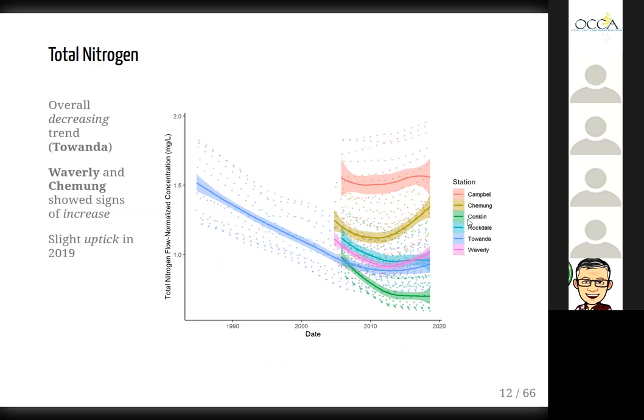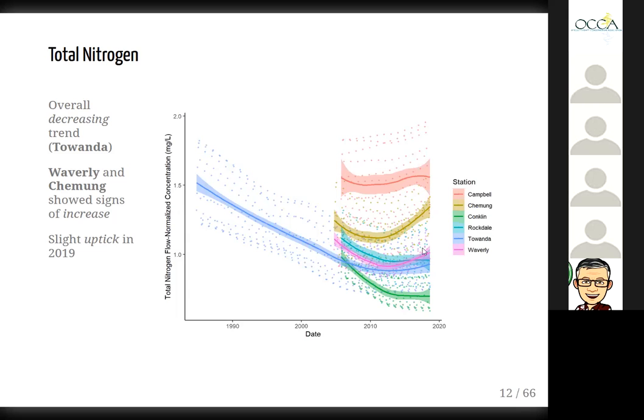So just to show again the kind of data that I think you can find in the New York State reports and from the Chesapeake Bay program. These are data directly obtained from the NTN's gauging stations. So these are monthly data points. Each dot here represents a month in a year, and the lines show the LOWESS smoothing line. So we can see here that there's an overall decreasing trend in New York, shown by the Towanda blue line here.